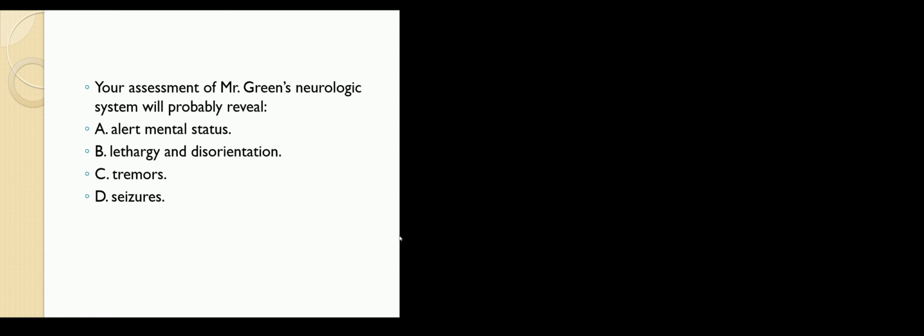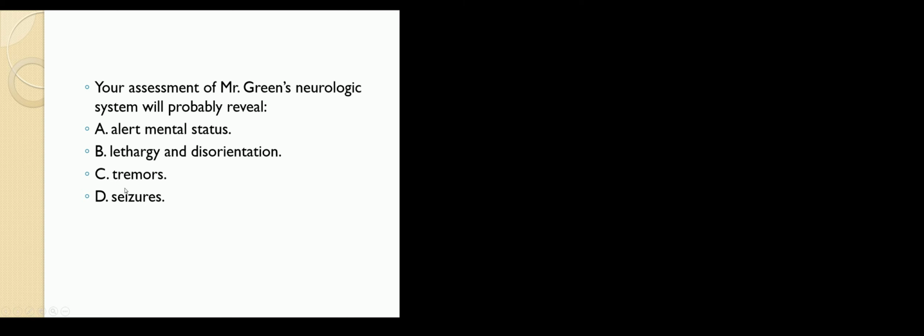Your assessment of Mr. Green's neurological system will probably reveal alert mental status, lethargy and disorientation, tremors, and seizures. Now, even if you did not know this answer, let's look here. If you couldn't remember that acidosis depresses the central nervous system and that alkalosis stimulates it, alert mental status, tremors, seizures, all those three have something in common.